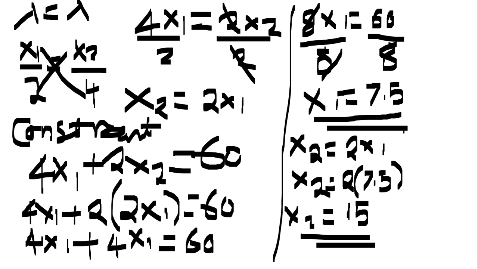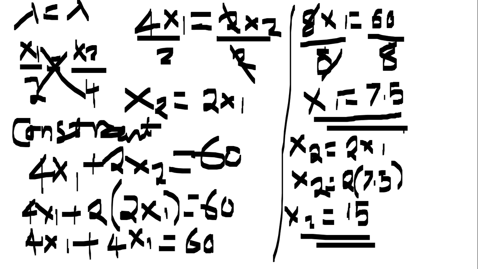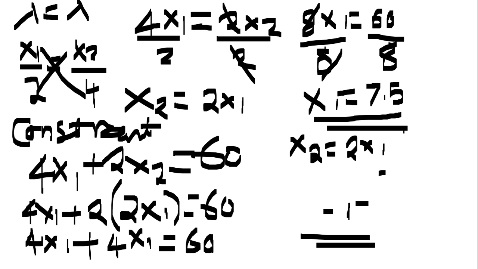Just go back there. How to find the units for good x2. Are we going back to the constraint? Remember that after equating lambda to lambda, we had 4x1 is equal to 2 times x2, so in short we had 4x1 is equal to x2.